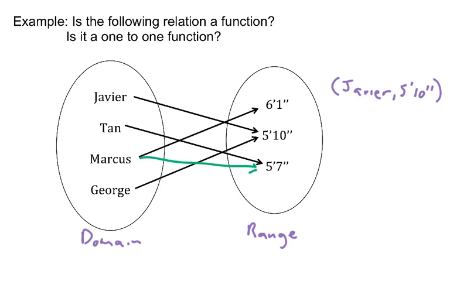But what would that mean? That would mean that Marcus is both 6 foot 1 inches tall and 5'7" tall, and that doesn't make any sense. No one person has 2 different heights. So we can safely say, I believe, that this is indeed a function.